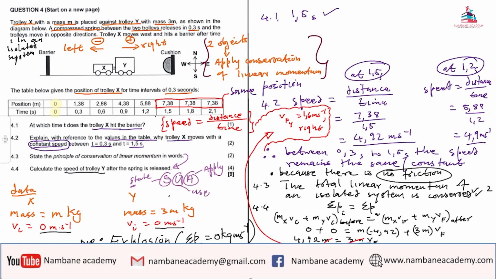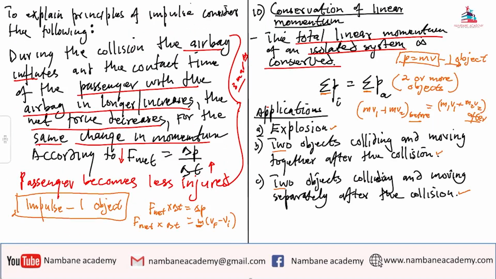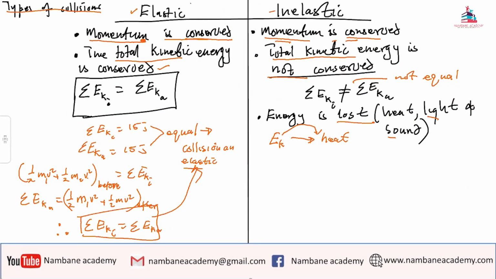Let's go back to this nice summary of the collisions. I was explaining here that momentum in elastic collision is conserved. In inelastic collision also, momentum is conserved. The only way of us proving that a collision is elastic or inelastic is if we can prove whether the total kinetic energy is conserved.